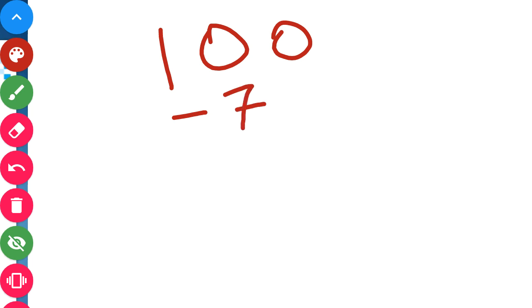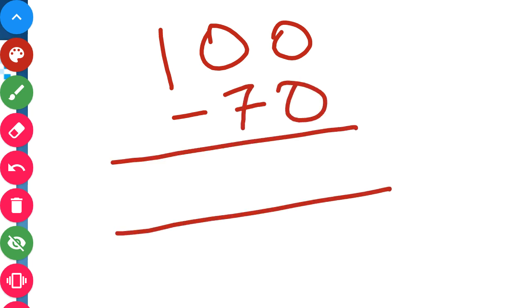The word "added" is used here. So to find out, we will subtract 70 from 100. You can do this question by oral counting also. Let us do it first by this method.